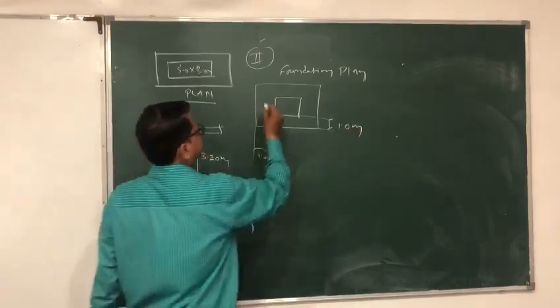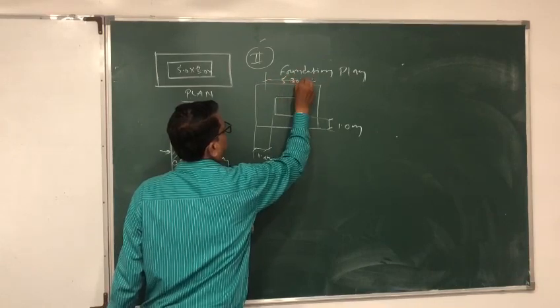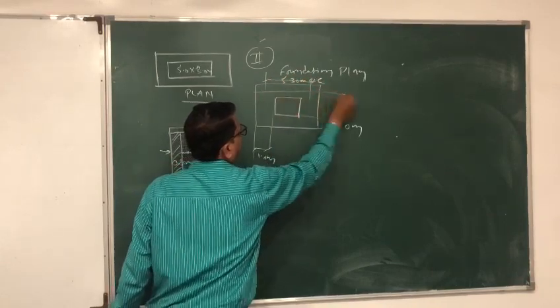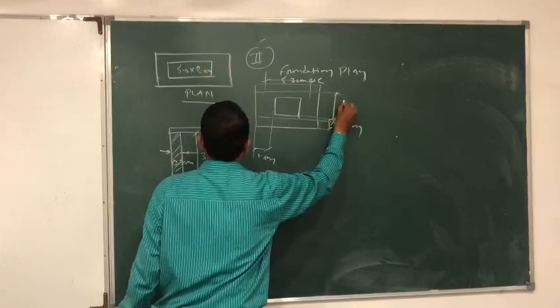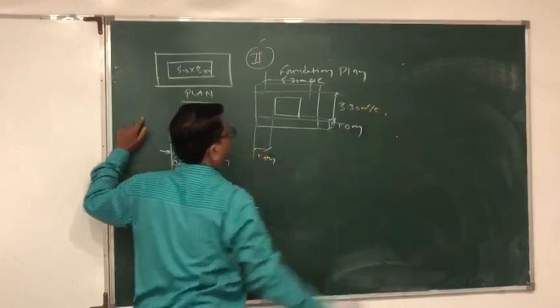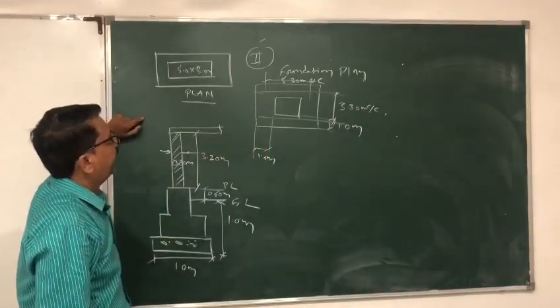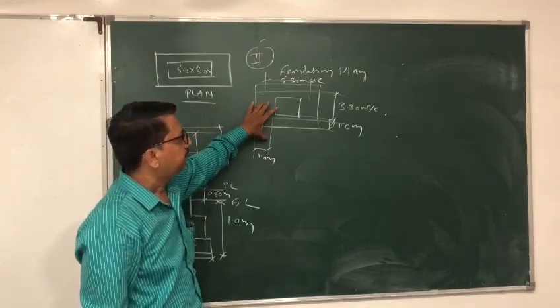The center line is the same, you have to plot it here: 5.3 meter center to center, and for the short wall, from this to this, that is 3.3 meter center to center.